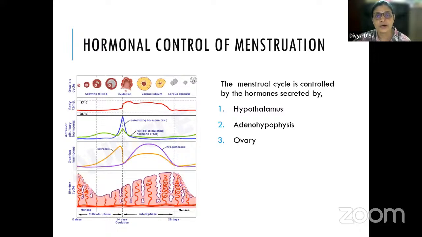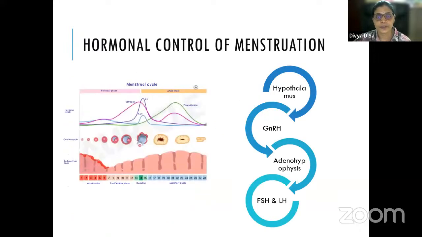The hypothalamus secretes the gonadotropin releasing hormone, which acts on the adenohypophysis, the anterior pituitary, causing the release of FSH and LH.